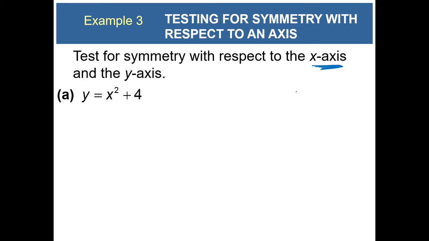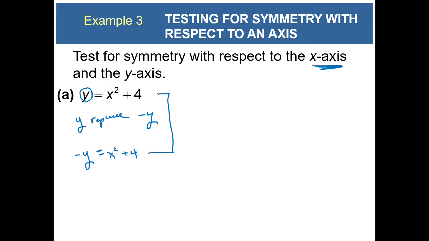Let's check symmetry now to the x-axis. Let's replace y with negative y, and we'll see if we get the same equation back. Negative y, I am substituting it for this y, is equal to x squared plus 4.